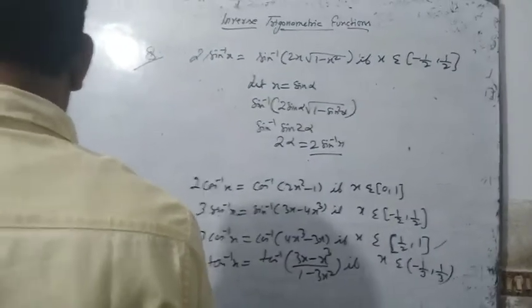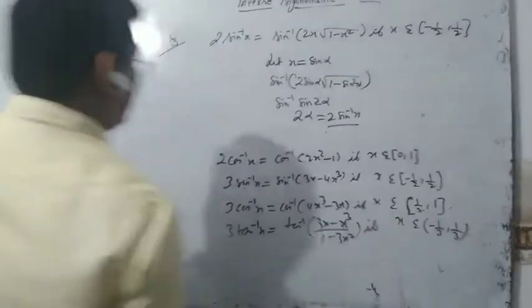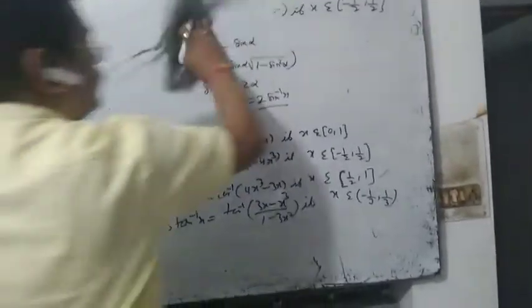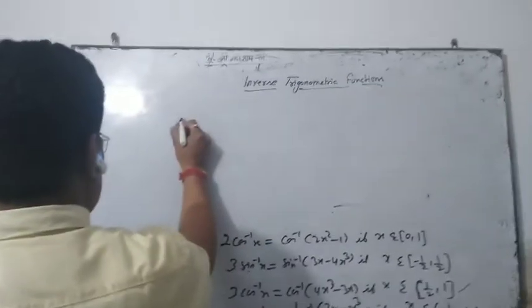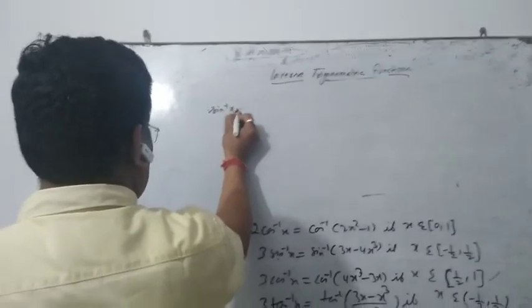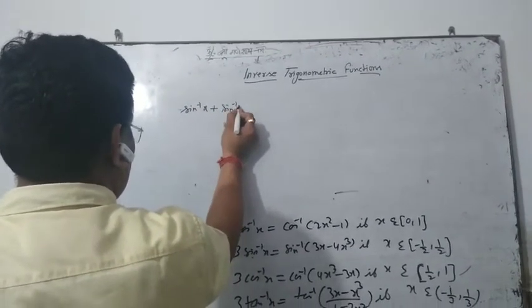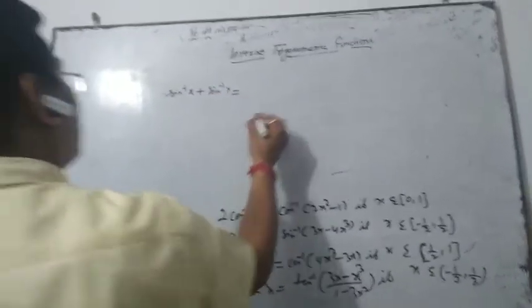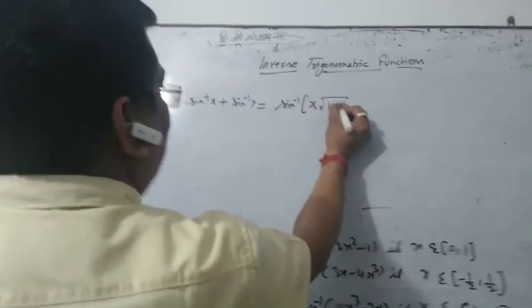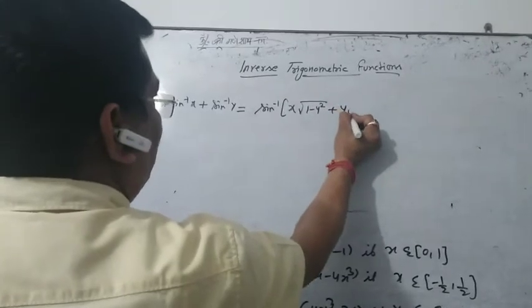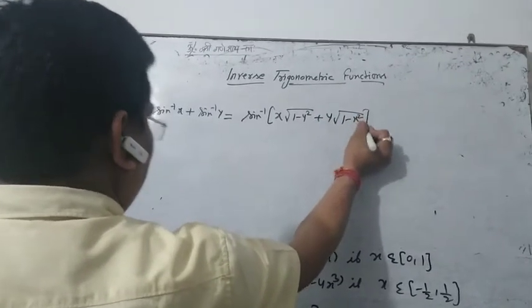Property number 9 is basically based on compound angles. Sine inverse x plus sine inverse y is equal to sine inverse of x root of (1 minus y square) plus y root of (1 minus x square).